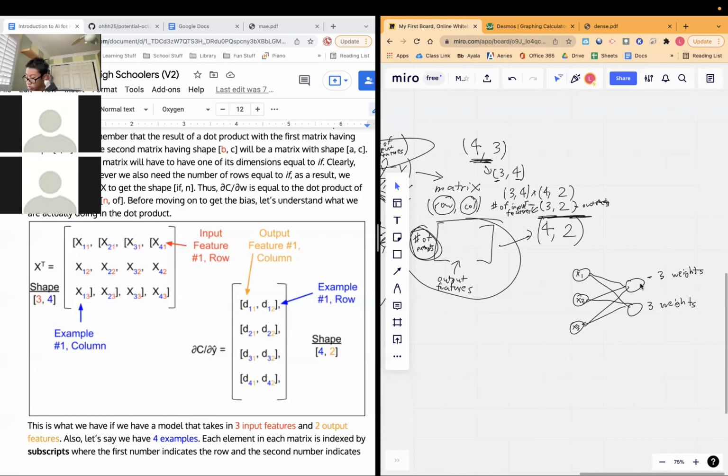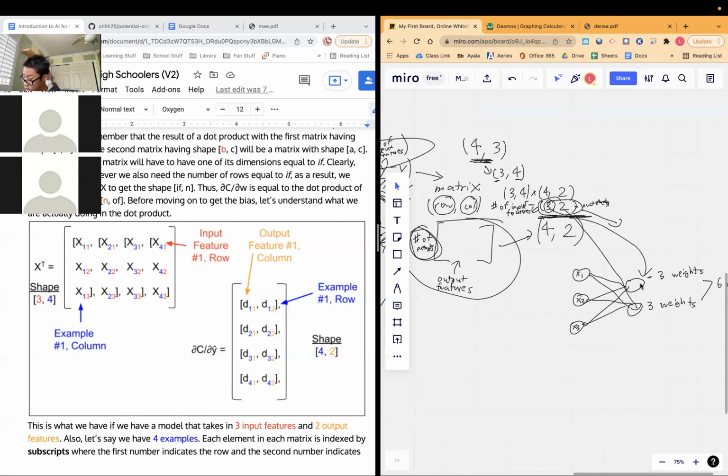So in total that's 6 weight values. You look over here with the output of 3 comma 2, that corresponds: each one has 3 weights, and then for 2 neurons.